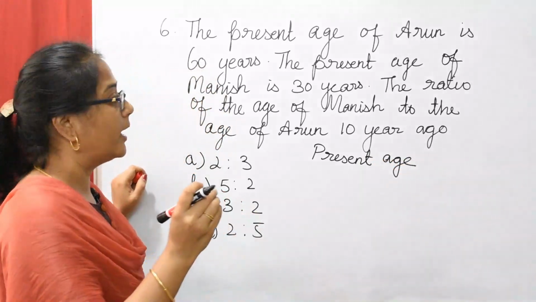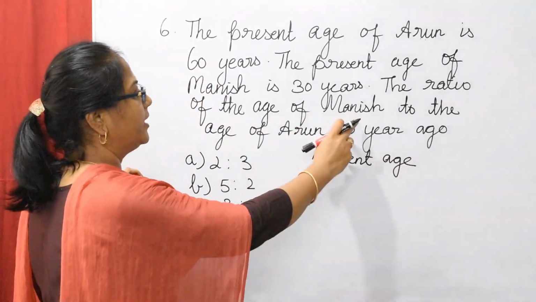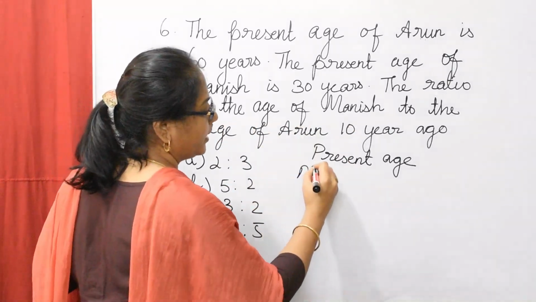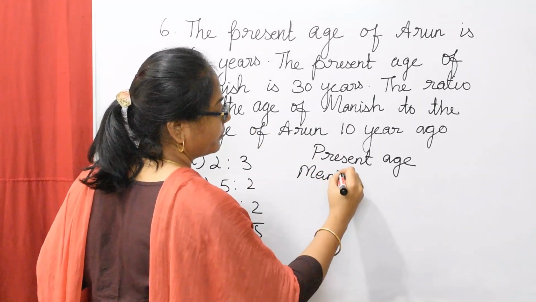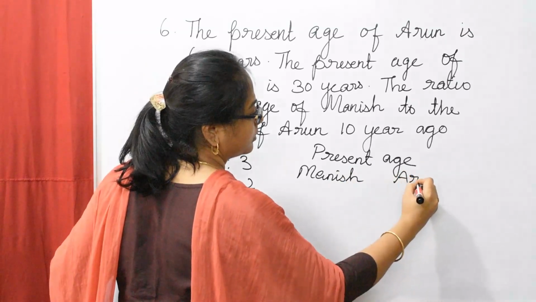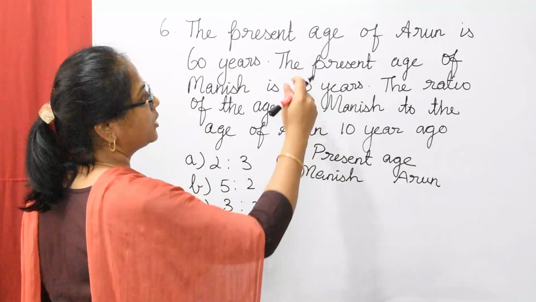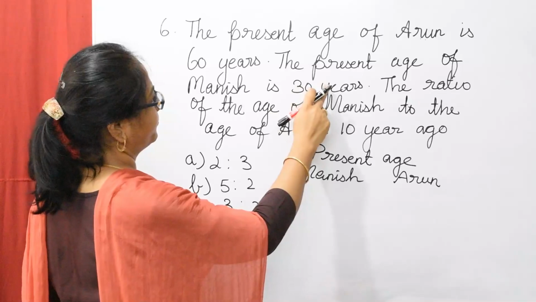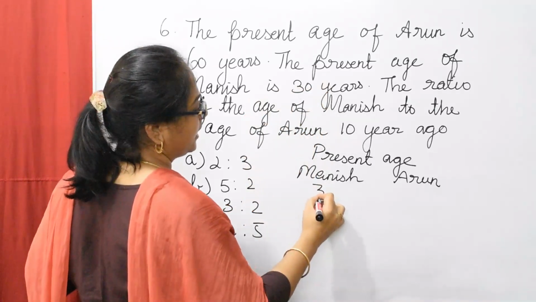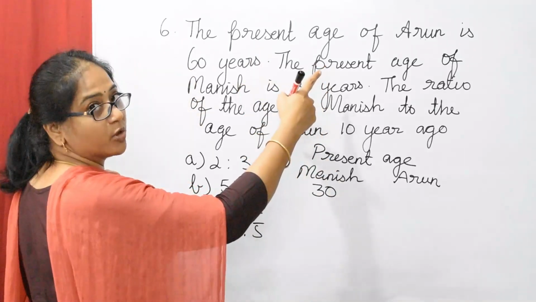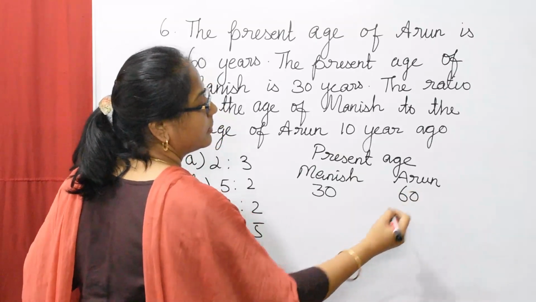Present age and ratio of what? Manish to Arun. So present age of Manish is 30 and present age of Arun is 60.